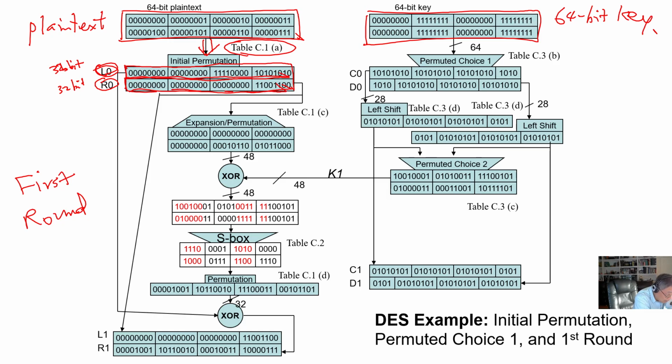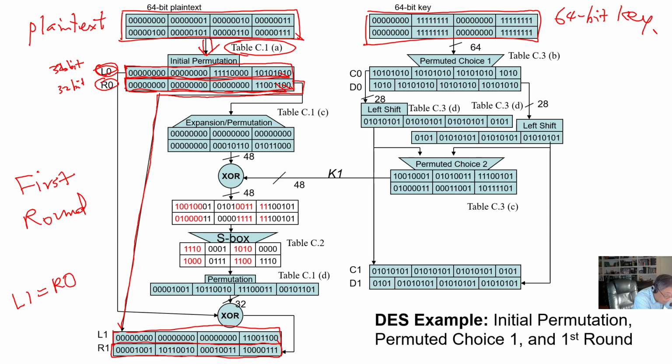The output after the first round is going to be L1 and R1. As discussed in the previous slide, L1 is directly copied from R0, but R1 is very complicated.